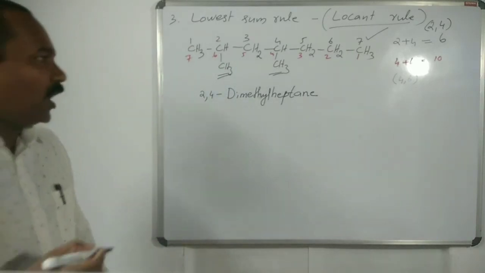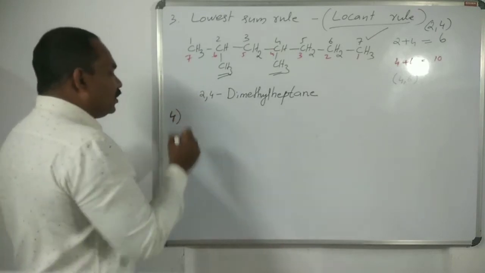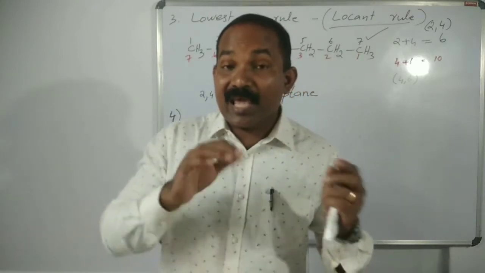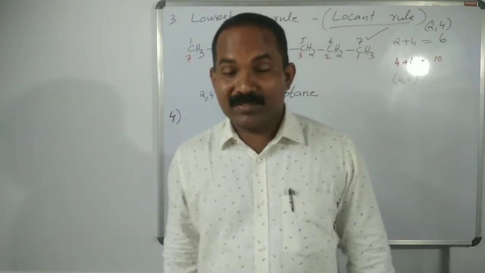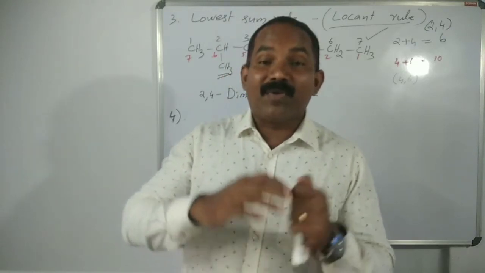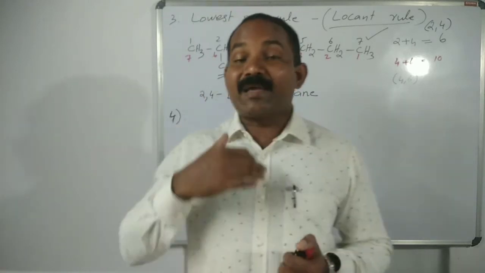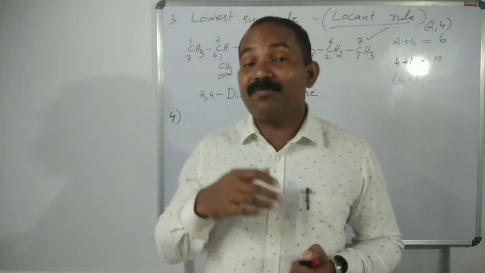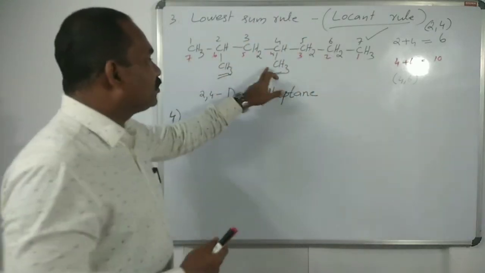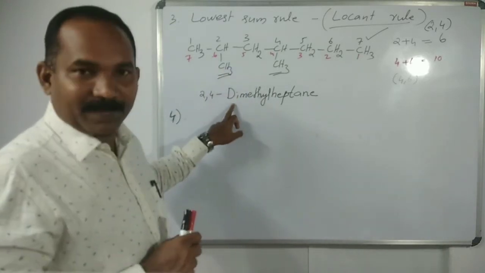So another rule, the fourth rule: if the hydrocarbon chain contains the same kind of substituents, we use di for 2, tri for 3, tetra for 4, etc. Here two methyl groups, the same kind of substituents, so we use di.